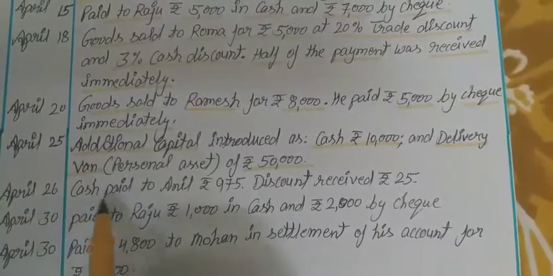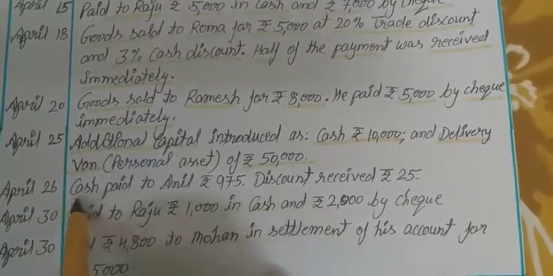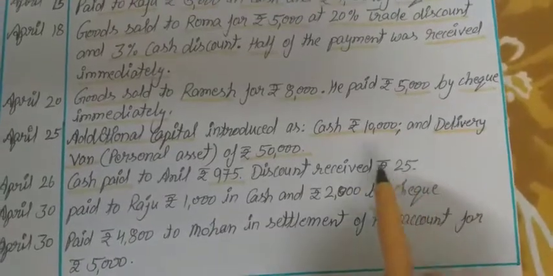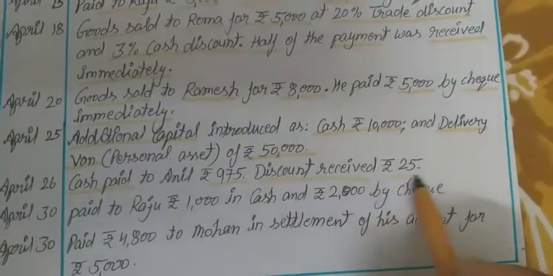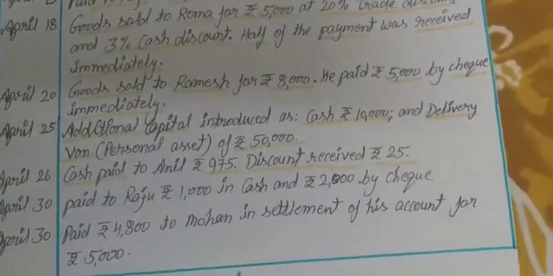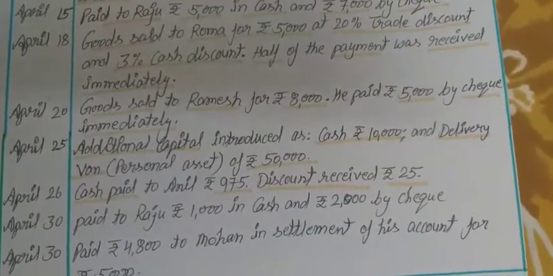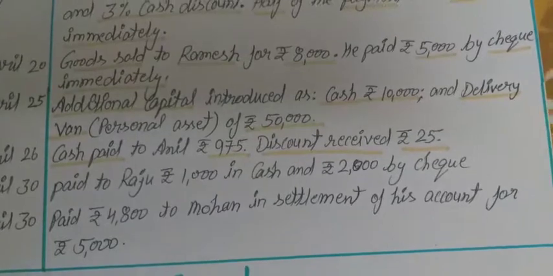April 26. Cash paid to Anil. We are paying cash to Anil rupees 975. Discount received rupees 25. So cash is paid to Anil and we are also receiving a discount of rupees 25.